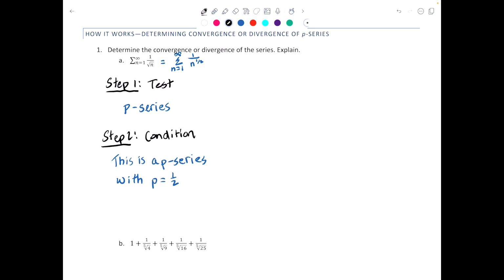And so, step 3, run the test. Well, not much to run, right? P goes into 0 is less than p, which is equal to 1/2, right? Which is less than or equal to 1, right?